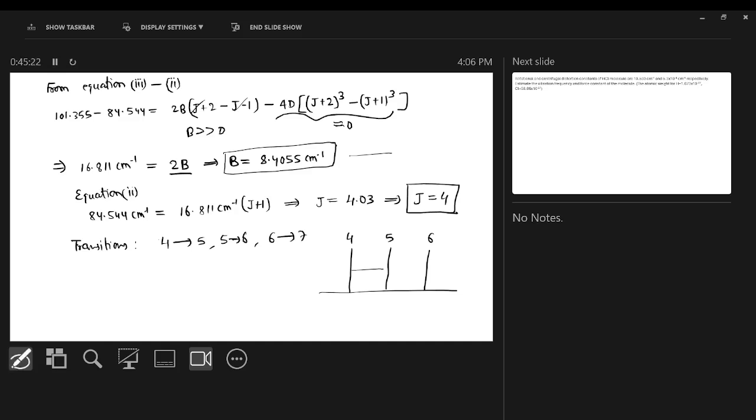So 4 to 5, but these are the rotational lines, so we cannot draw this. This does not represent a transition. But this rotational line is coming because of the transition from 4 to 5. This is coming from 5 to 6, and this is coming from 6 to 7. Correct. So we calculated between which rotation levels the transition is happening.